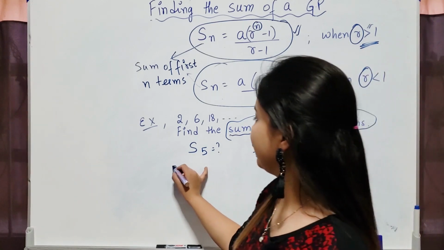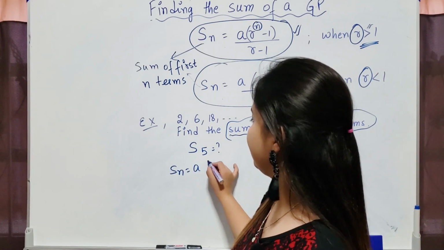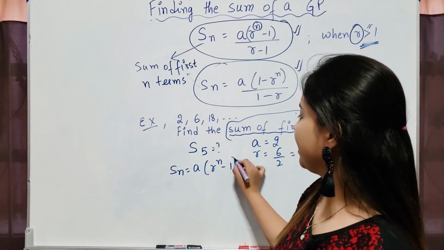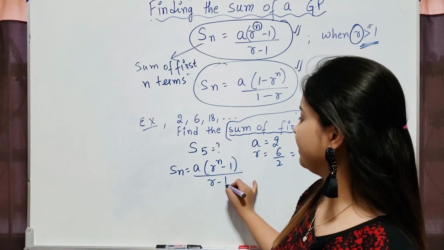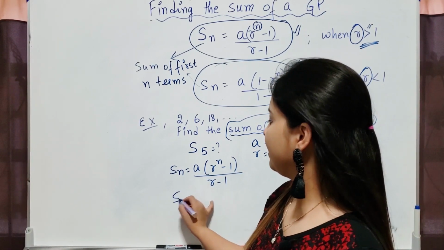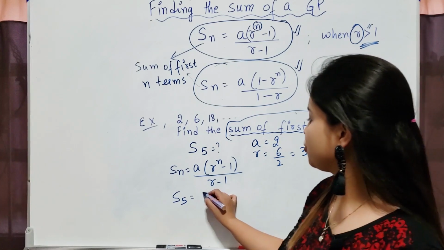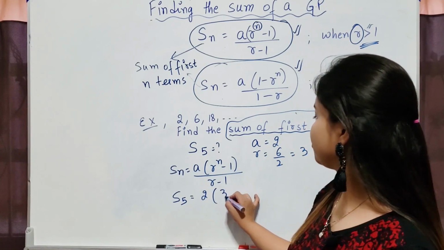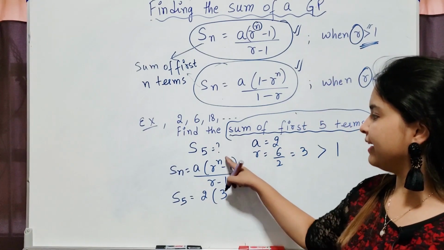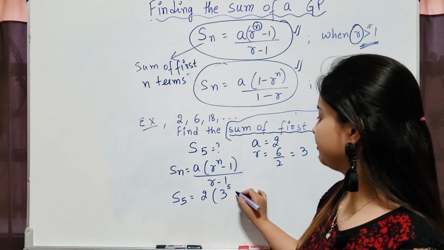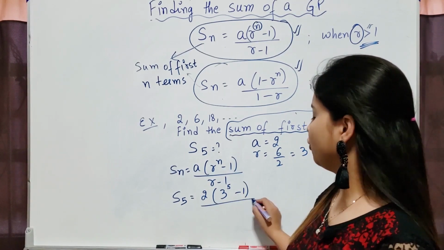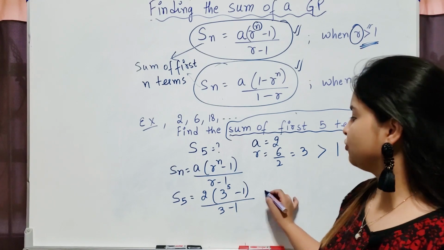Write down the formula. Sn is A times (R raised to power n minus 1) over (R minus 1). A is 2, R is 3, n is 5, so (3 raised to power 5 minus 1) over (3 minus 1).